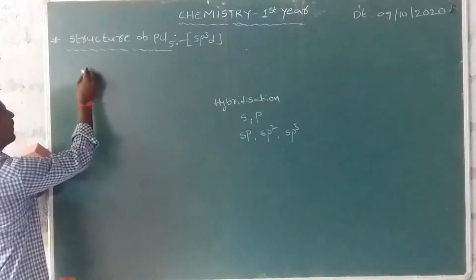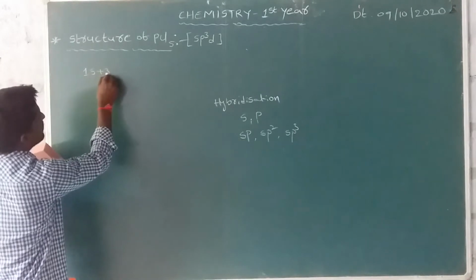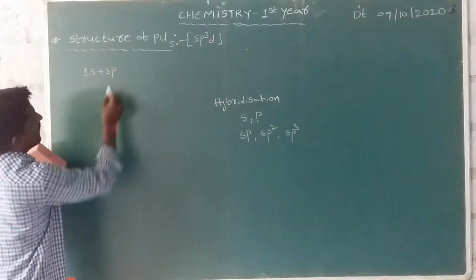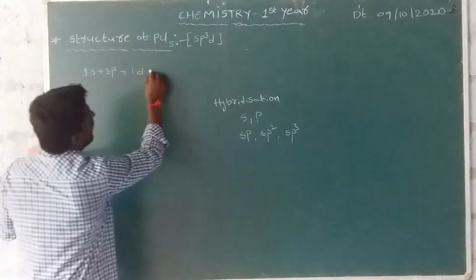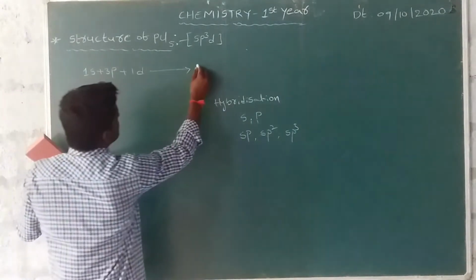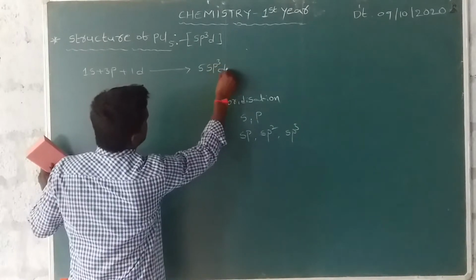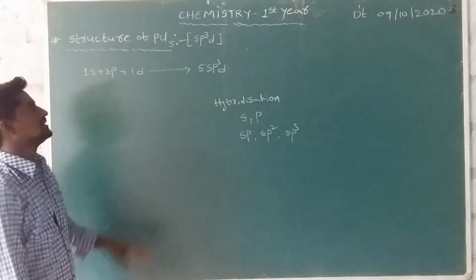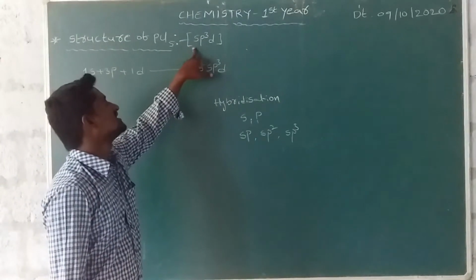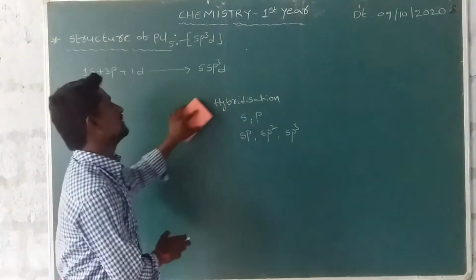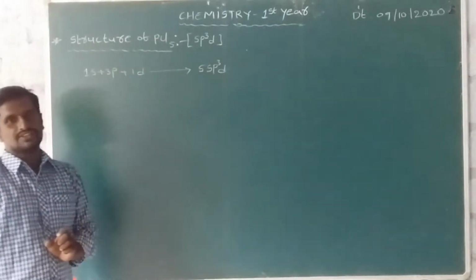One s orbital, three p orbitals and one d orbital combine to form 5 sp3d hybridized orbitals. This is called sp3d hybridization.